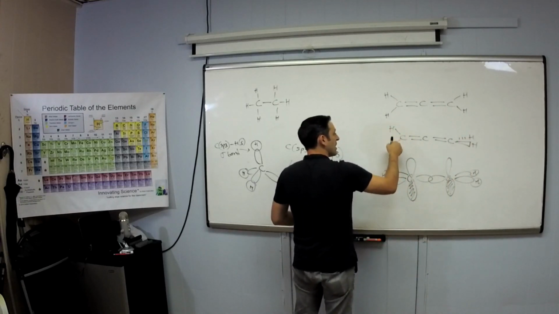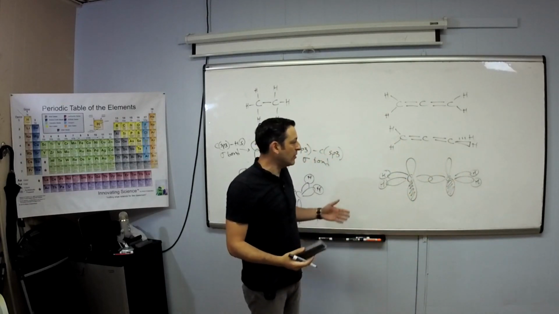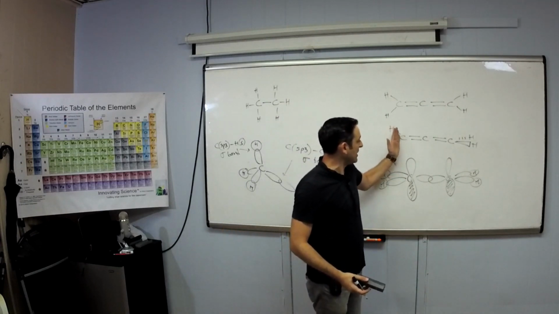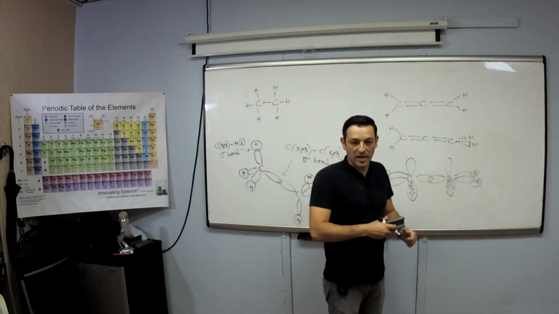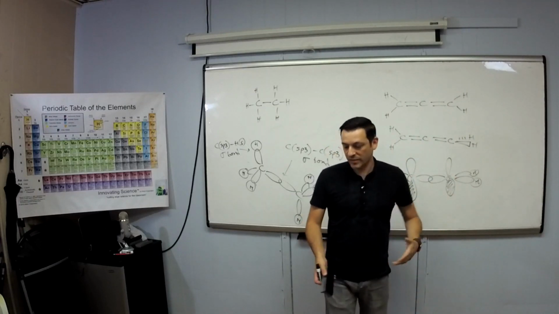Meaning if one side is up and down, then the other side has to be in and out for the hydrogen atoms. The only suggestion I have is do what we're doing here, but start building it from one side and ask yourself, is there a necessity for these orbitals to go up and down or in or out? And then it's fine if you get stuck.